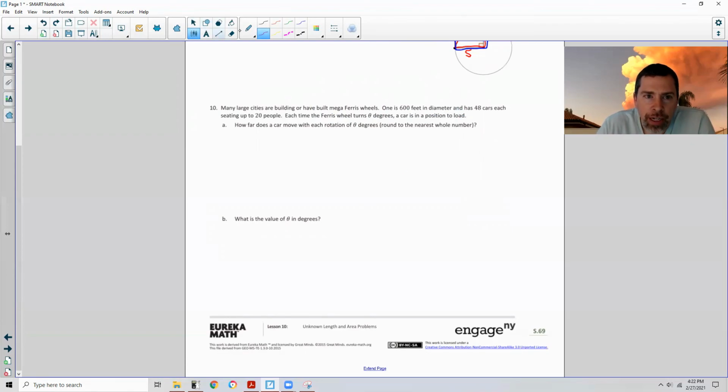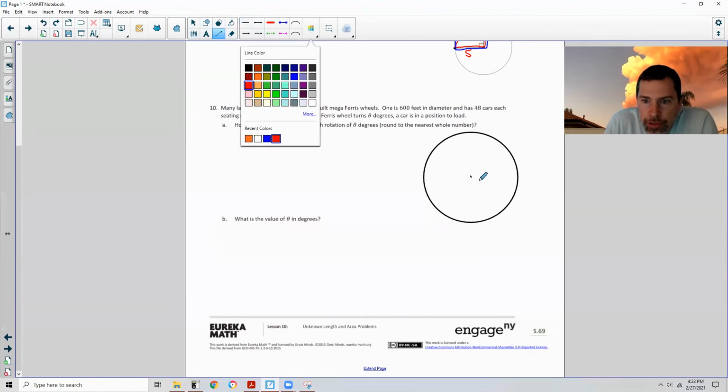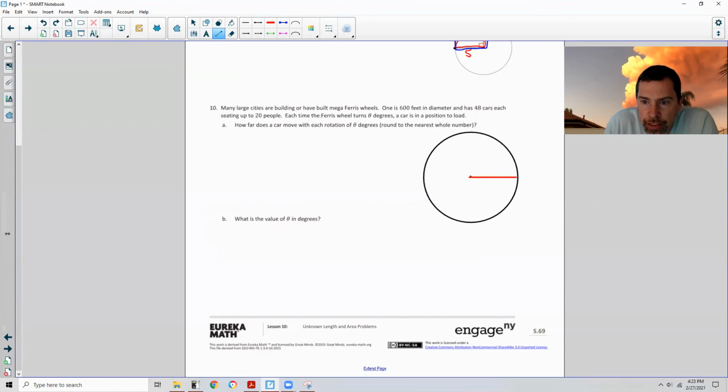All right, so what we have here, let's draw a picture. There's my center of my circle. There's my Ferris wheel. And it has 48 cars each. So what does that mean? I'm not going to draw every single car, but I'm just going to show you that if we draw a radius out like so, and another radius out like so, there would be 48 of these all the way around.